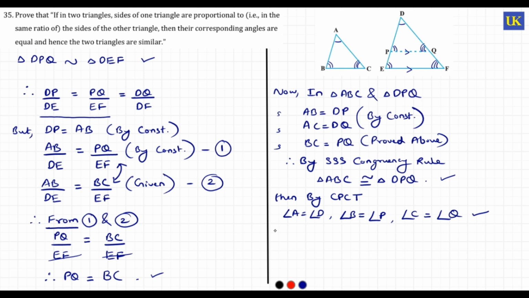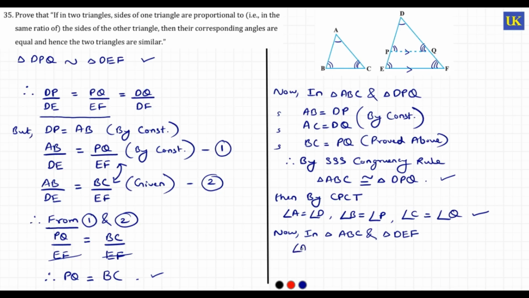Now further, in triangle ABC and triangle DEF. So this small triangle ABC and the main triangle DEF. We will take these two triangles now.